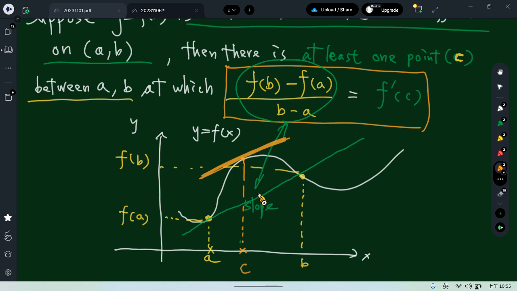If you just see this curve from this viewpoint, you can see these 2 points at the same height, right? And this will become a horizontal line. No, this way, not this way. Okay?